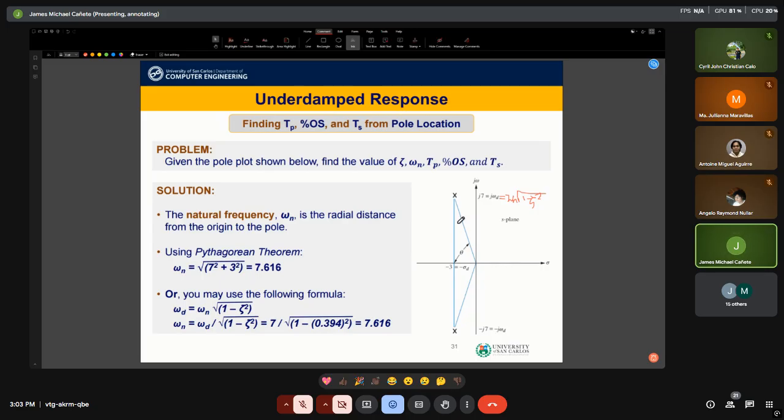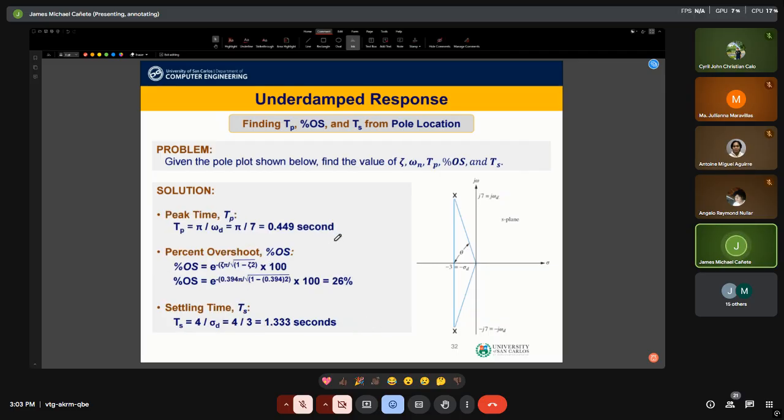Muna siya ang omega, natural frequency, omega sub n. Dati formula or this one. So, nagtanaw lang ka sa graph, you know 3, you know 7, Pythagorean theorem, or if na-memorize niyo mo ang formula, omega sub d is equal to omega sub n times the square root of quantity 1 minus zeta squared. Ma-solve niyo mo.